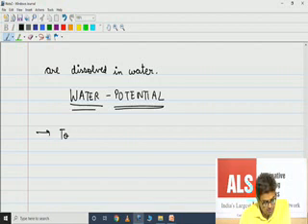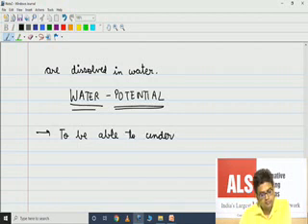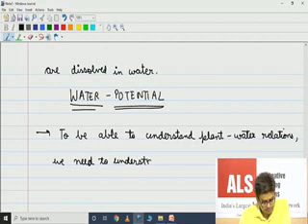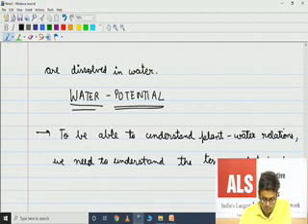To be able to understand plant water relations, we need to understand the terms related to water potential.